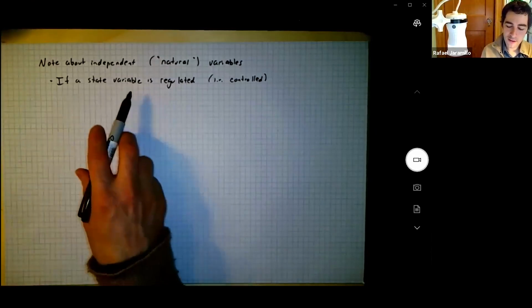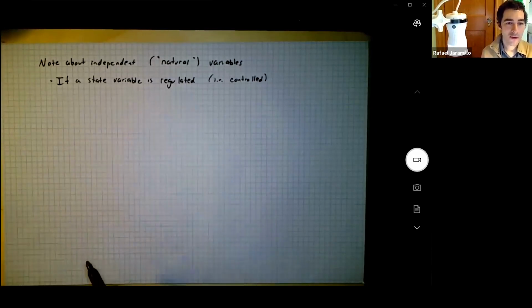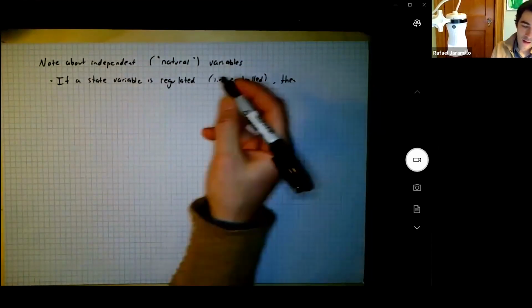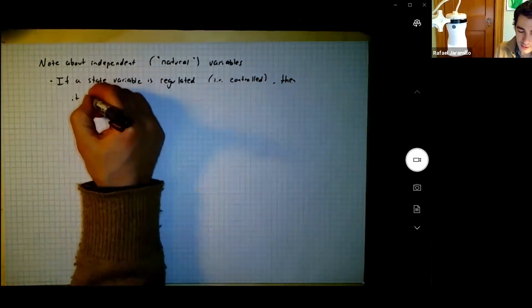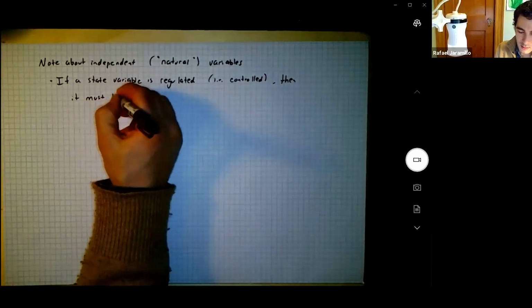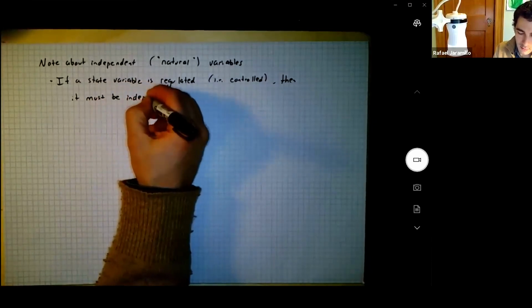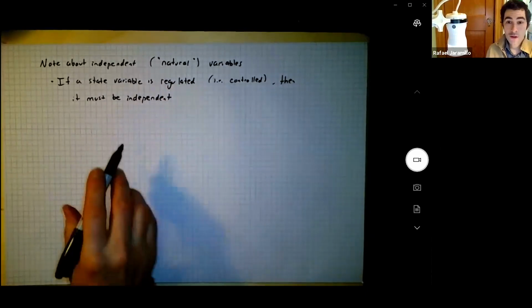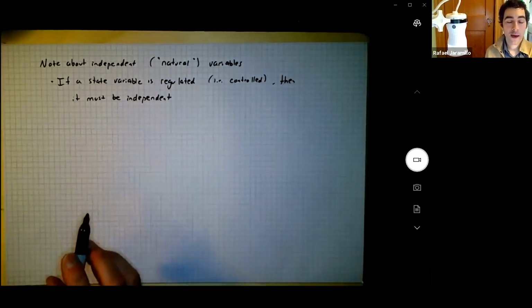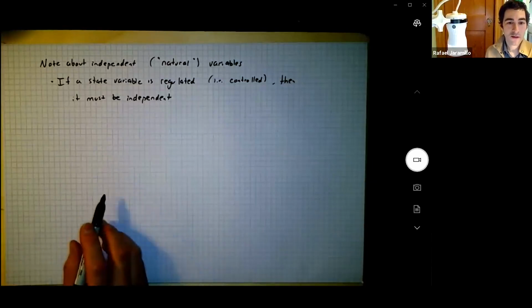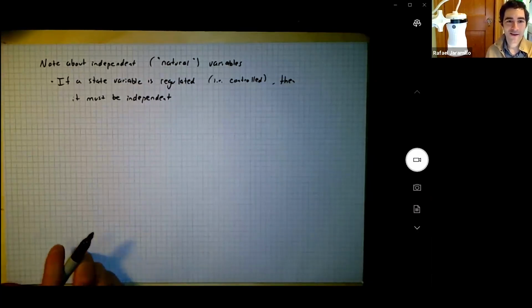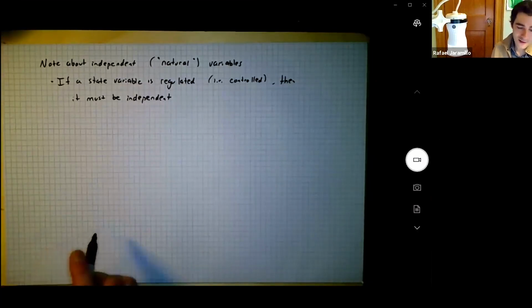If a state variable is regulated, and that's why I'm using that term, because it'll help you in the future, then it must be independent. So choosing your independent variables is one of the major intellectual challenges of thermo. It helps to even know that that's the challenge you're facing. Knowing that gives you a good start.